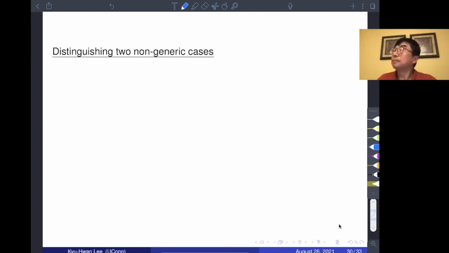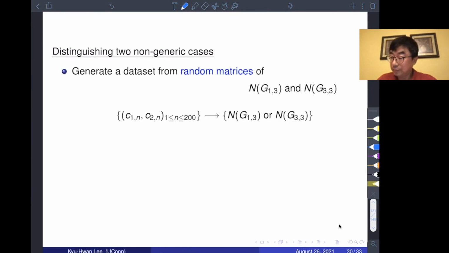And then distinguishing two non-generic cases. Here we are using a data set from random matrices because we don't have enough number of curves available in the database. So we obtain this data set from random matrices and then showed the machine the data.